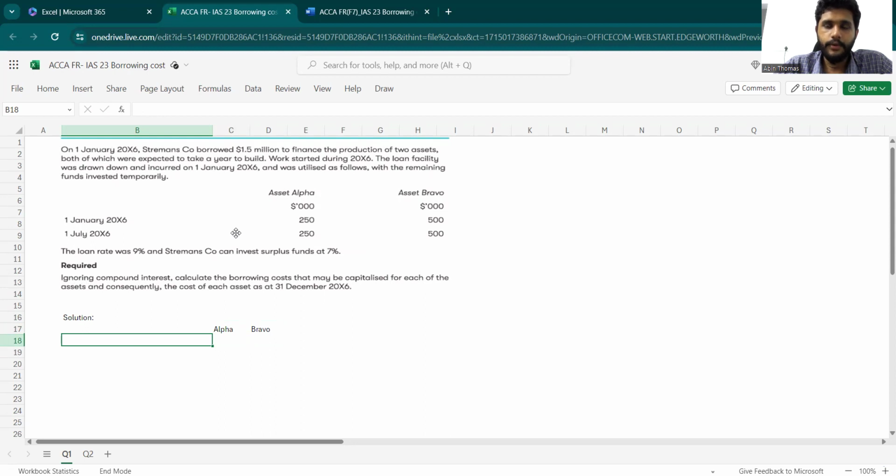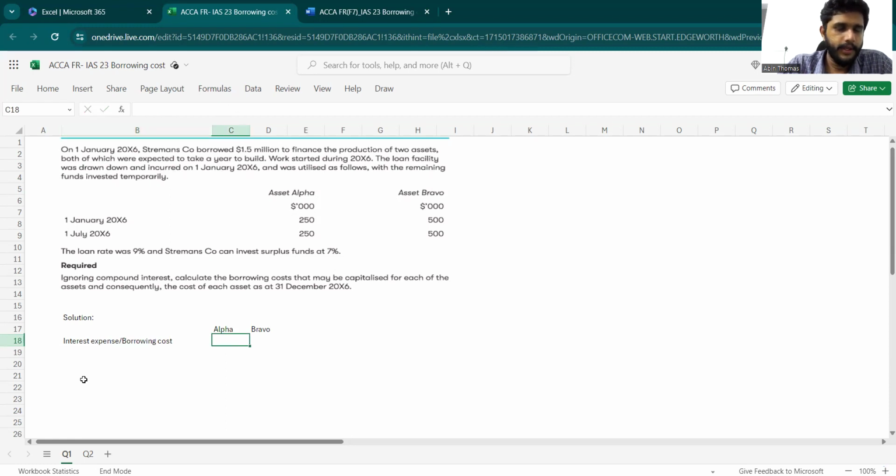From the first day itself when the loan is withdrawn, that is on 1st January itself. That would be for Alpha, interest expense for borrowing cost.